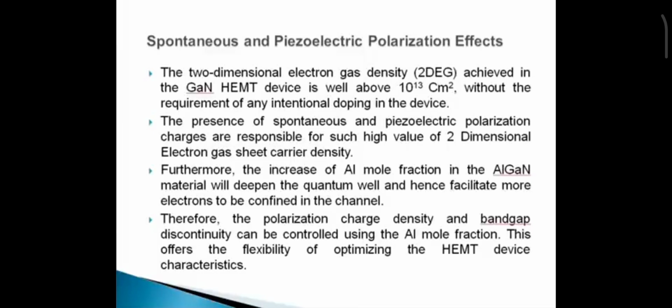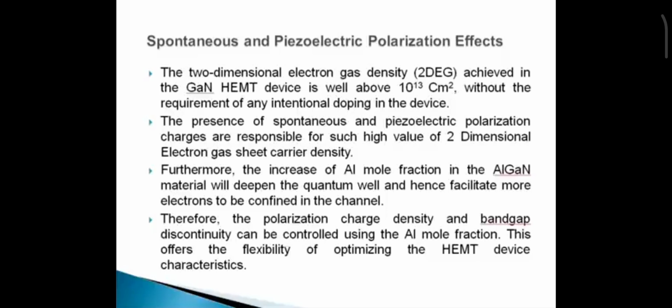Therefore, the polarization charge density and band gap discontinuity can be controlled using the aluminum mole fraction. This offers the flexibility of optimizing the HEMT device characteristics. Two points to be noted. If we increase the aluminum mole fraction in the aluminum gallium nitride, it will increase the piezoelectric polarization in the device.